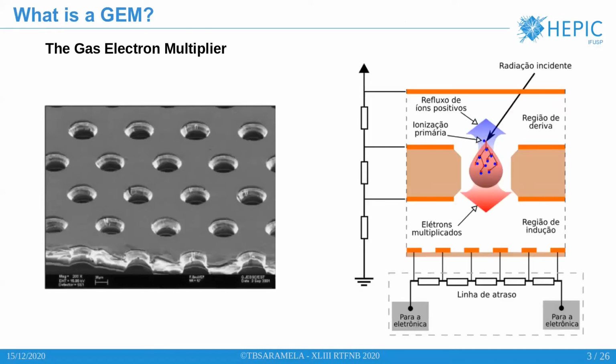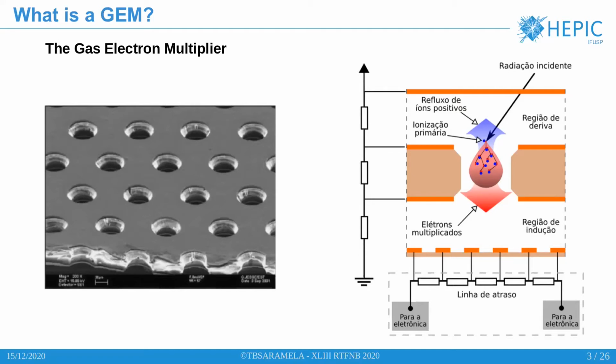And how it works is we place this foil inside a gas medium, and an incident particle that enters the detector will form a primary ionization. The electrons produced by it will be guided by a drift field to these holes. And between the electrodes of the GEM, we apply a high potential difference.